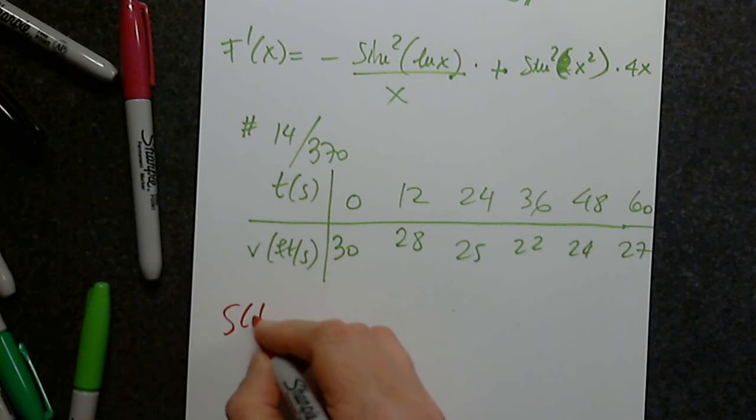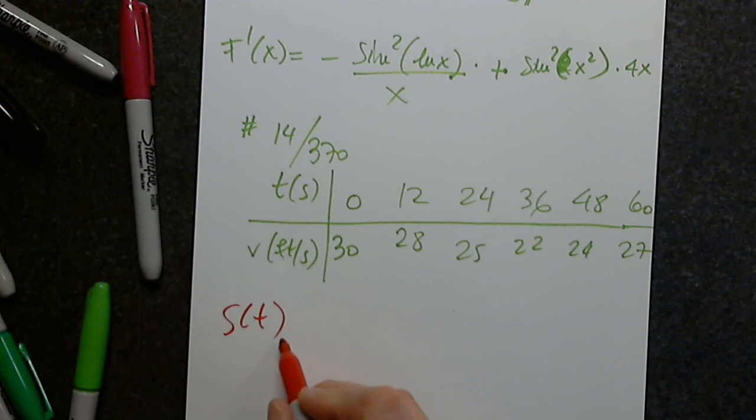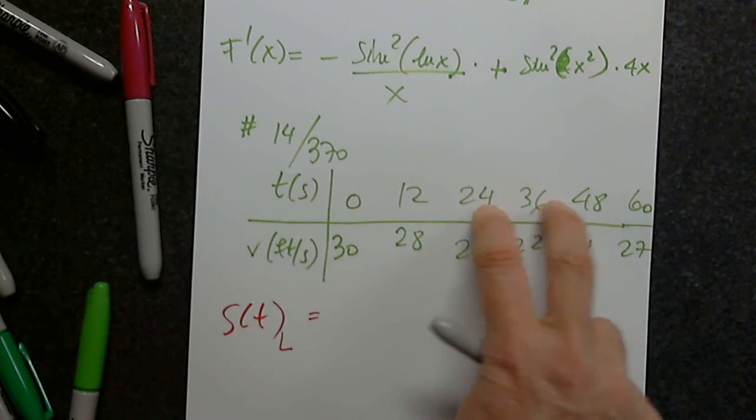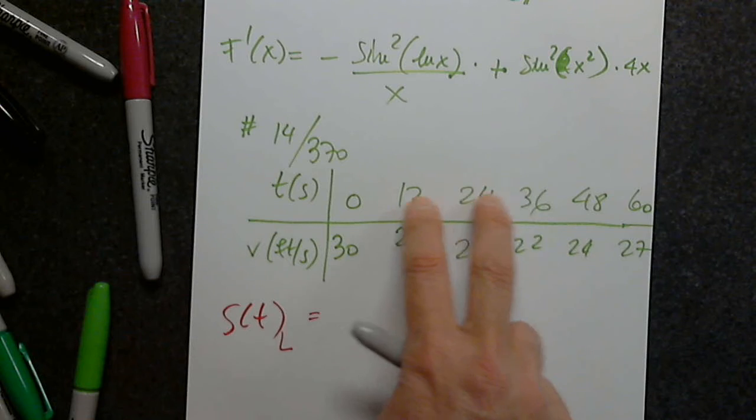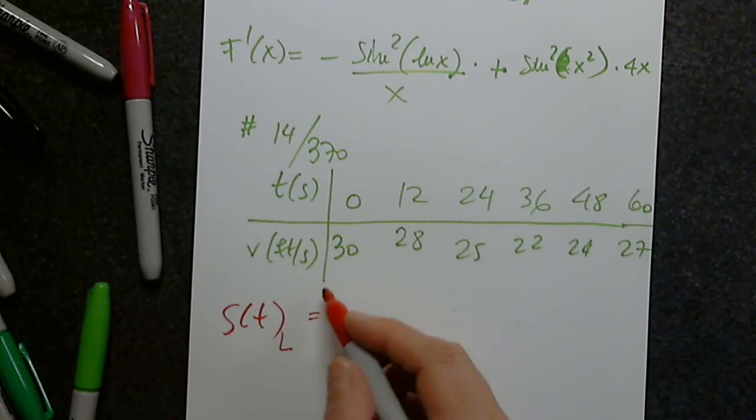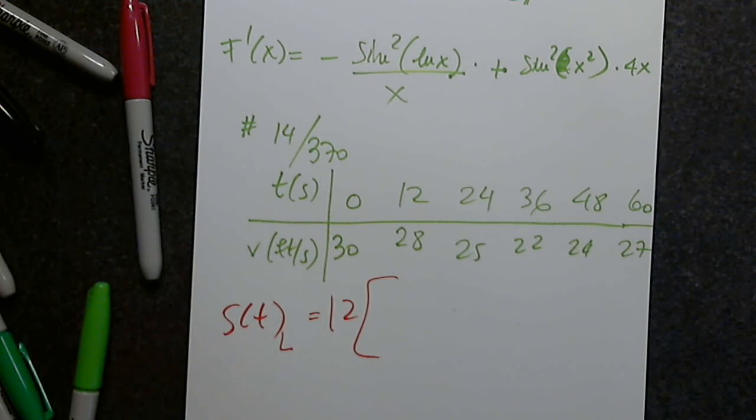So S of t with the leftmost point. What is the width of each subinterval? 12. So each and every number will be multiplied by 12.